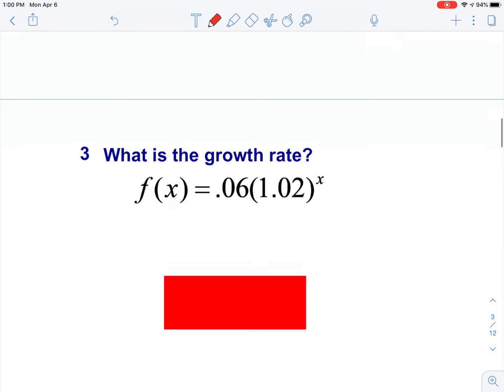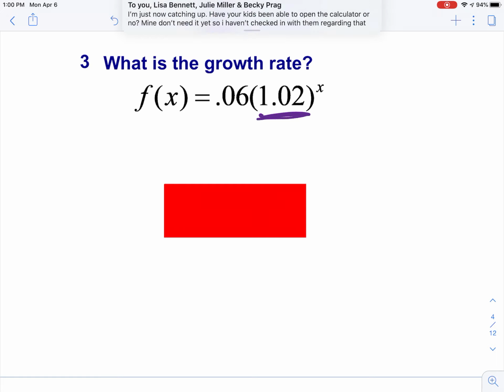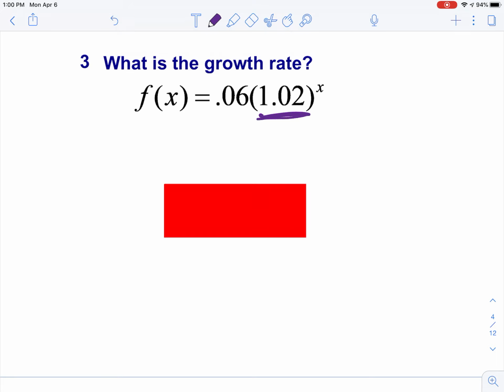Question number 3. What is the growth rate? And here's where a lot of students make mistakes. They go, ooh, it is 1.02. But that's not true, because remember, our growth rate is what's going above 100%.